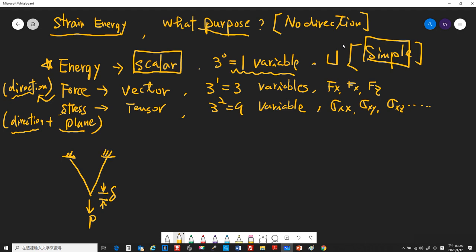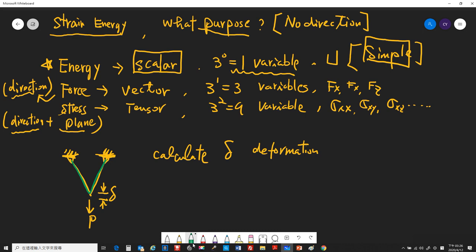If we need to calculate the deformation delta, I think it's a little bit difficult because this is a hinge and there are 2 bars here and one load.